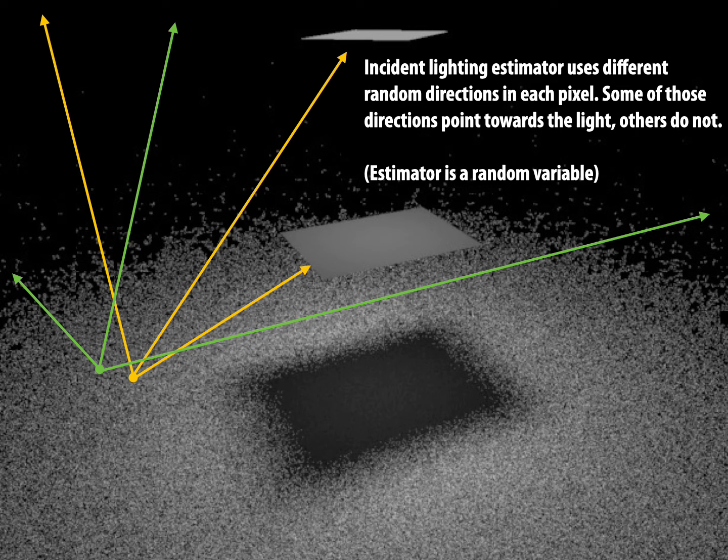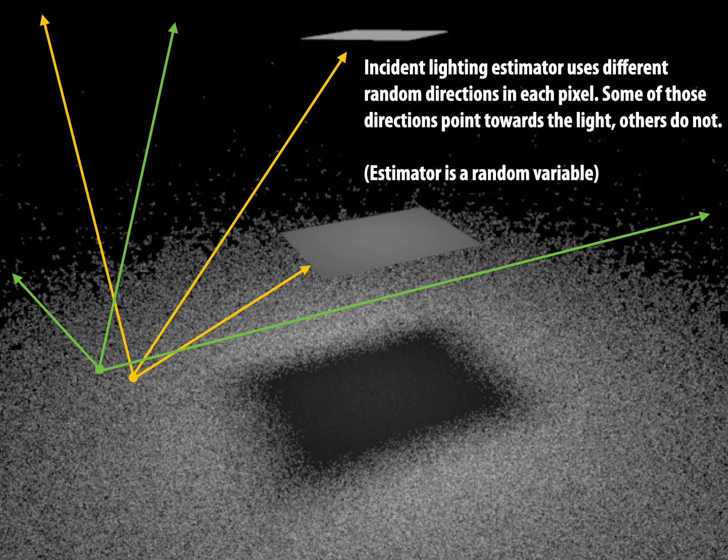So why is the image in the previous slide noisy? We really set this up nicely. Why did we get so much noise? The reason is that this incident lighting estimator uses different random directions in each pixel. So for every point of the plane, we're calling this random number generator, and it's giving us completely different random directions.